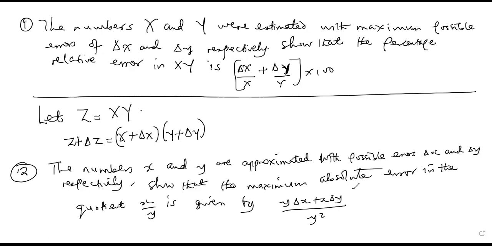So a hint I can give you is that if we let our Z be equal to X over Y, it means that Z plus delta Z is going to be equal to X plus delta X over Y plus delta Y. And then you continue up to when you get the final expression, which I have just proved for you. There are very many questions, and there is another one which also can be proven.